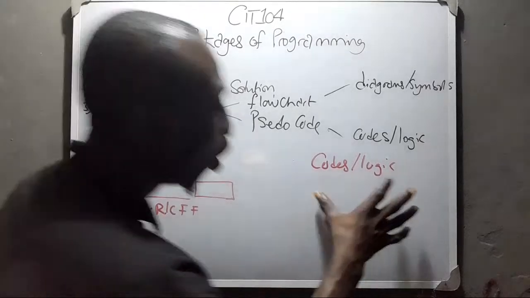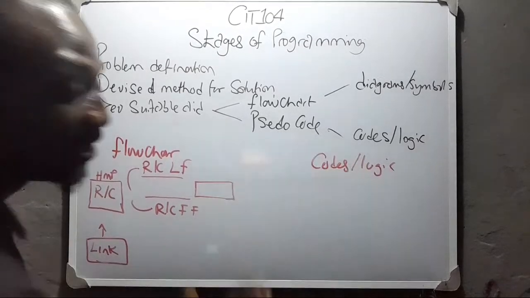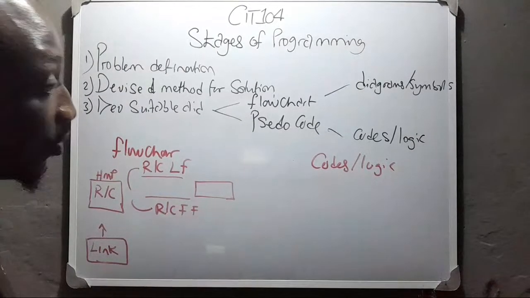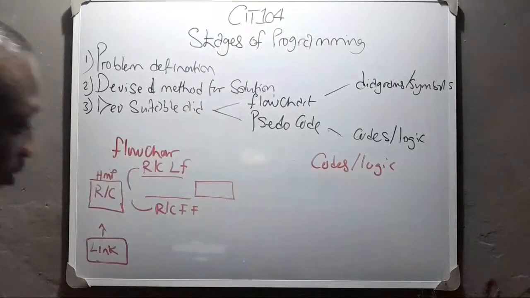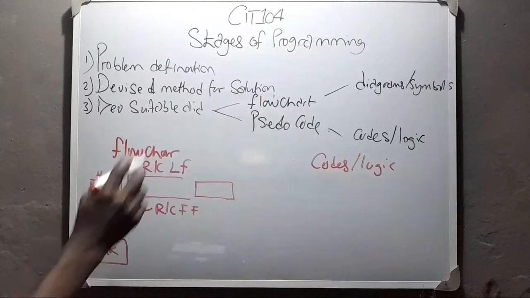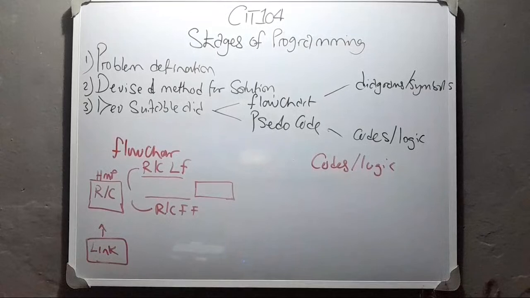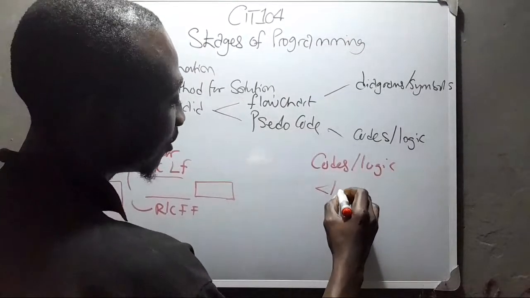If it's codes or logic that will help you get where you are going without stress and easily, and will not change the tone or the effect, or wash down the potency of your program, then all good. So what I'm trying to do here is that a flowchart is more of diagrams and symbols, while codes, maybe, you have recipe.